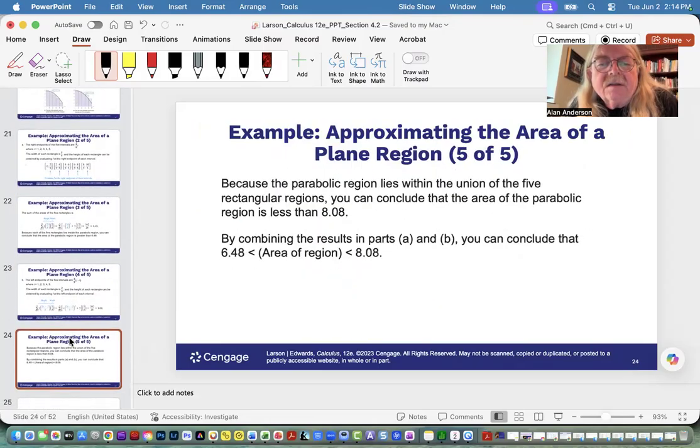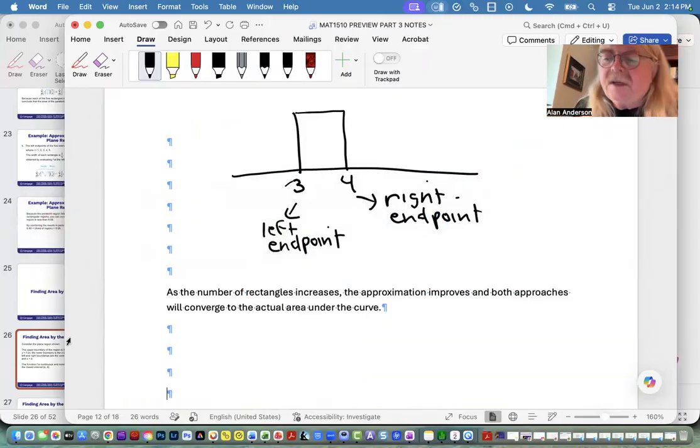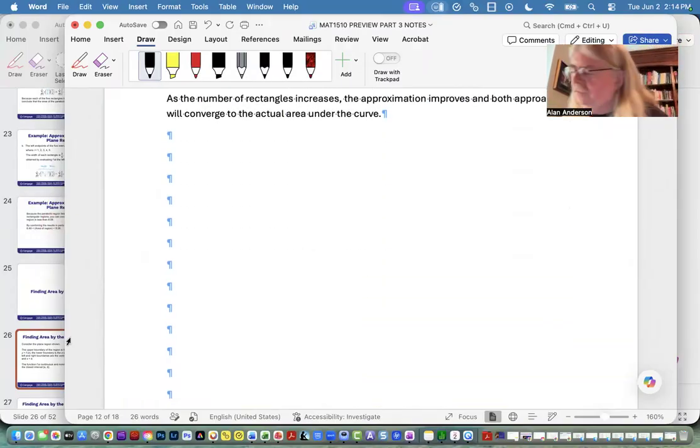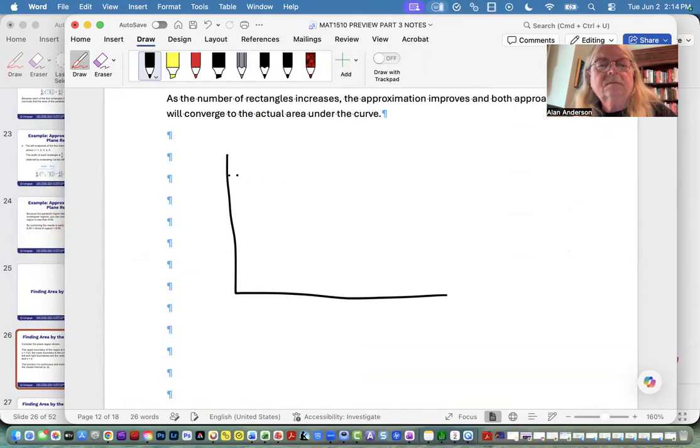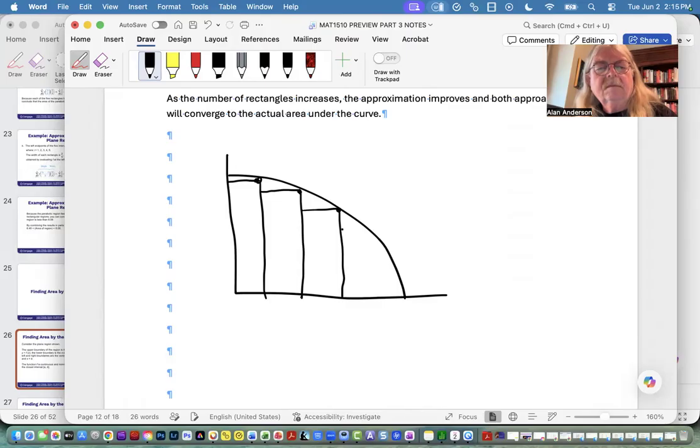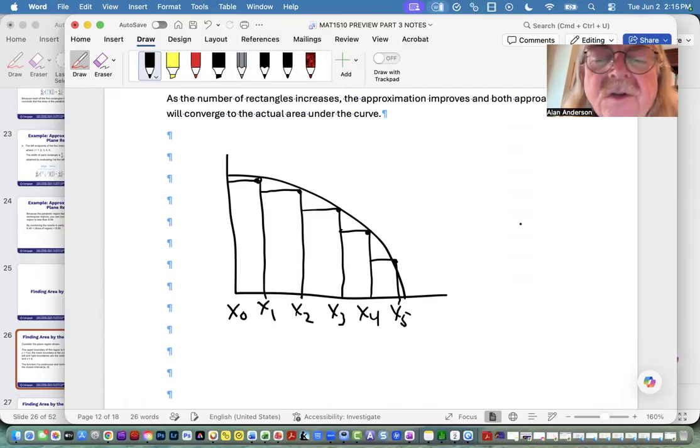Instead of having actual constants, you could write the endpoints as, all right, well, this isn't perfect, but you get the idea. Okay, so those are the endpoints.